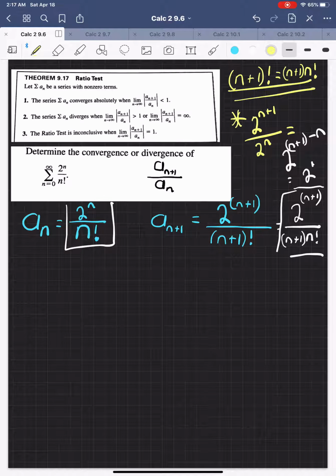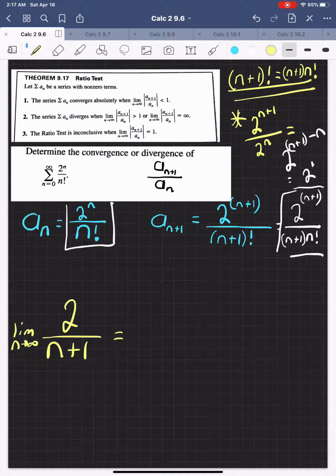So we had 2 over n plus 1. That's where we left off. Let's take the limit with n going to infinity. That's fairly easy. If you let n go to infinity, that's 2 over, let's say, infinity plus 1. That's 2 chopped up an infinite amount of ways. That means it's equal to 0.